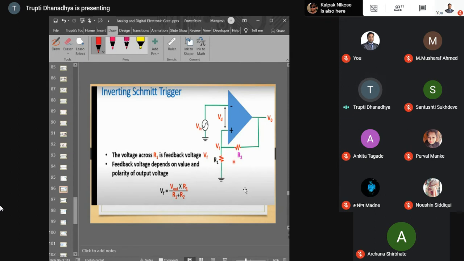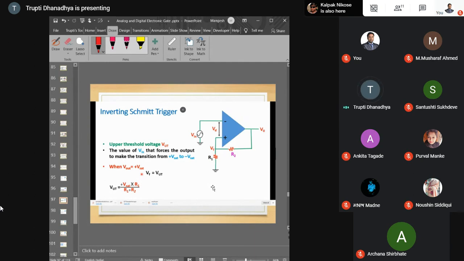Of course, V out depends on your two terminals only, which are plus V saturation and minus V saturation. Only between those two limits does the equation vary, and we get the output relation for the Schmitt trigger. Okay, so see here, whenever I'm saying that the output is equal to VF is equal to the upper threshold voltage, there is a relation between the value of the V in that causes the output to make the transition from plus to minus V saturation.